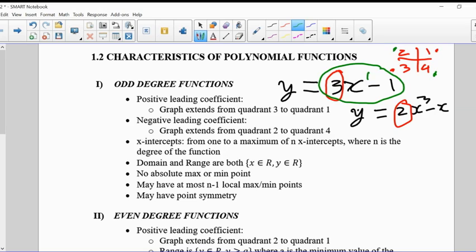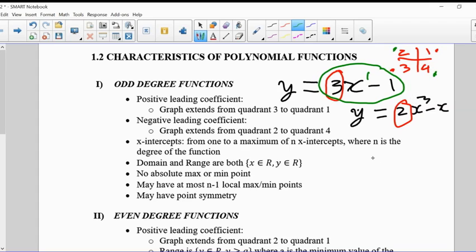It cannot have any more than 1 x-intercept. If it's a degree 3, then it can have either 1, 2, or 3, meaning the maximum number of x-intercepts depends on the degree of the function, so it can have up to 3.